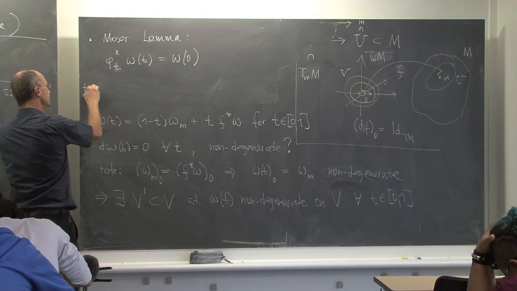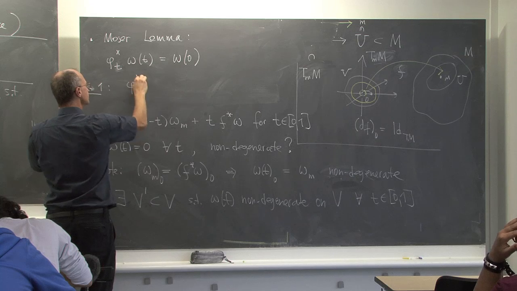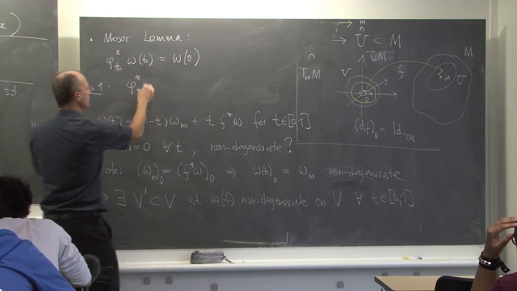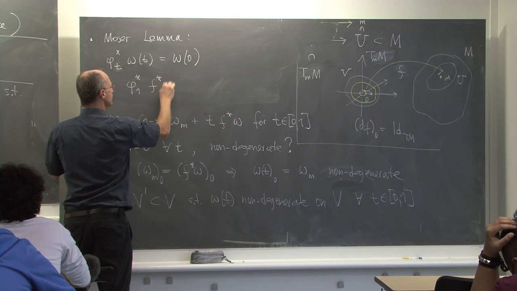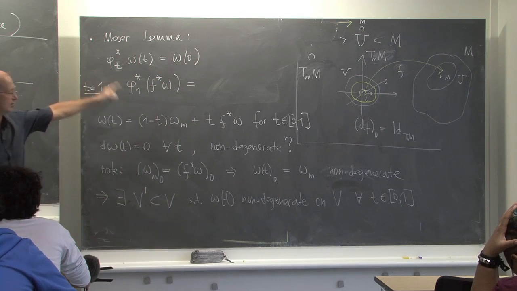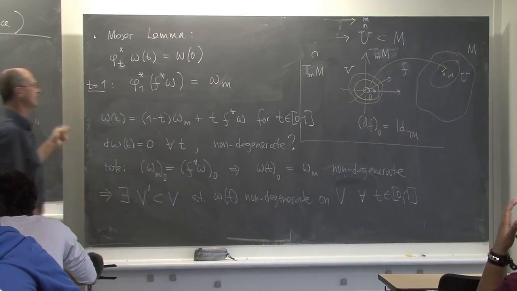And in particular, for t equal 1 we get phi 1 star of omega of 1, but omega of 1 is f star omega, right? Which is equal to omega of 0, which is equal to omega m.